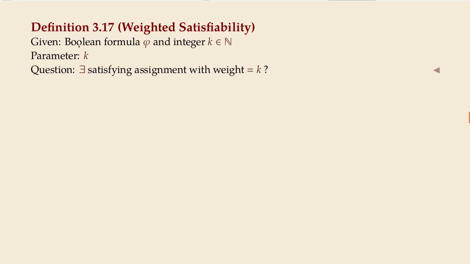Now this is a bit imprecise because it matters a lot how the formula is given. If I say formula, you wouldn't probably think of circuits, but we will need that in a second. And a circuit can implicitly give a formula. So the phi could be given as a formula as you know it, a Boolean formula, but these can have different shapes.